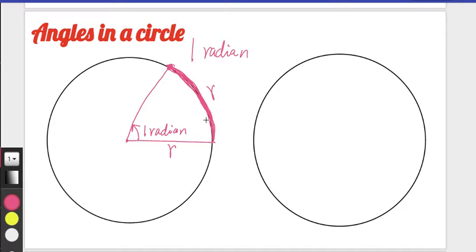I use r for the radius. No matter how big or how small the circle is, as long as I use this radius to cover the space, how wide 1 radius can cover, the angle between them is called 1 radian. It is always the same.